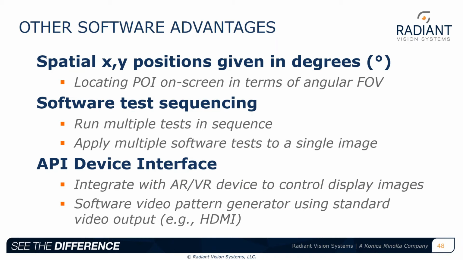For a lot of these displays, the way that you drive a signal to them is you give it basically a duplicated signal, a left and right image that are identical. And so we have a video pattern generator interface, which will output those patterns on HDMI or DVI or whatever kind of video output you have on your PC.